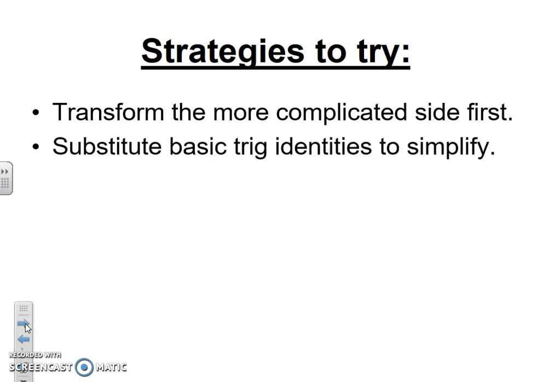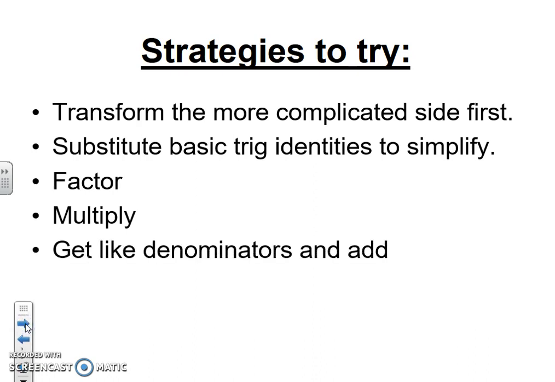Substitute basic trig identities to simplify, things like sine squared plus cosine squared equals 1 that we know. Sometimes you might need to factor. In the last problem I did, I factored out a sine x. But other times it might be helpful to multiply things back together rather than factoring.